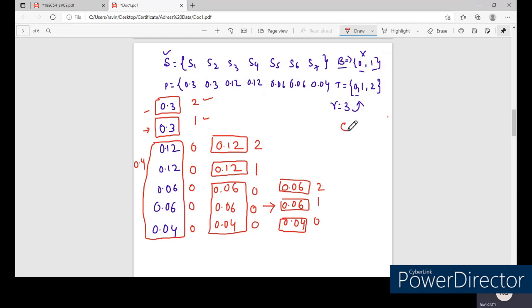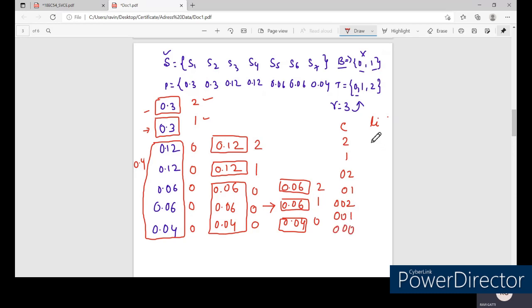So if I represent the code vectors, the first code word is 2, the second is 1, the next is 0 2, the next is 0 1, the next is 0 0 2, 0 0 1, and the last one is 0 0 0.